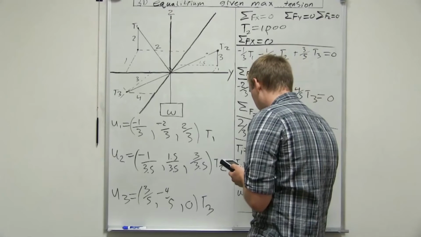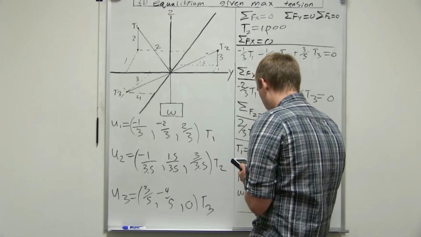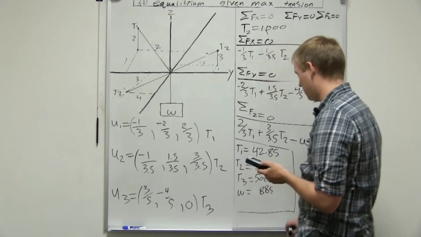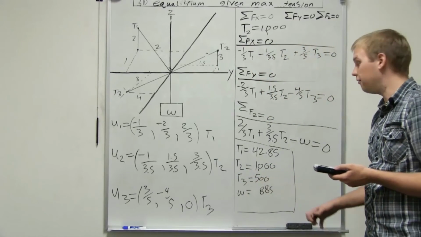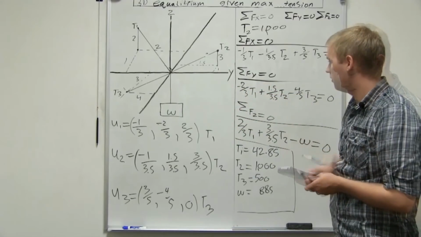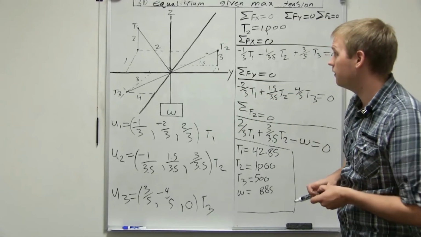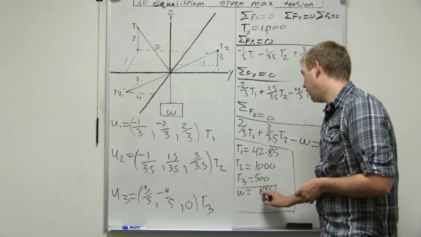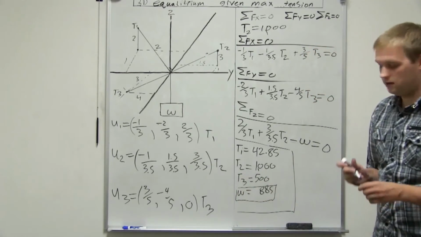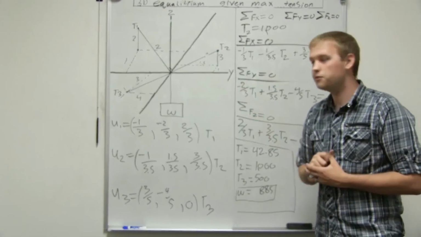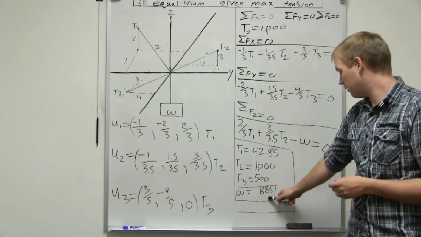And our weight comes out as negative 885. So just 885 pounds. We don't care about the negative sign because we know it's going down. So that is our answer right there, this 885 pounds. If we're given a max tension in these ropes of 1,000 pounds before they break, this is how much we can hold up.